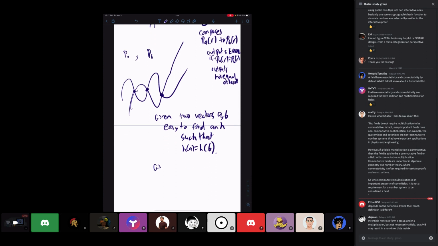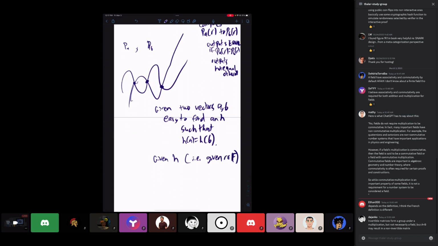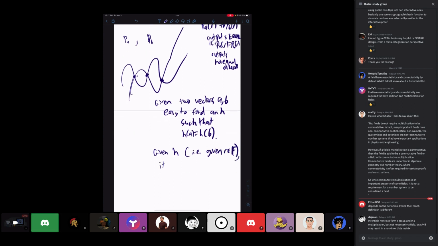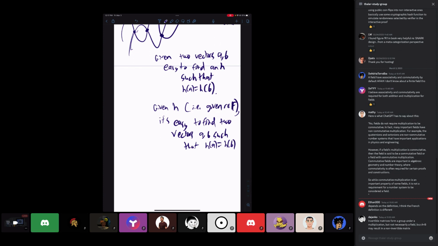Once I tell you H, which in this protocol would be the random field element R, it's also easy to find two vectors A and B such that H(A) equals H(B), because that's just equivalent to finding two distinct polynomials that agree at the point R.